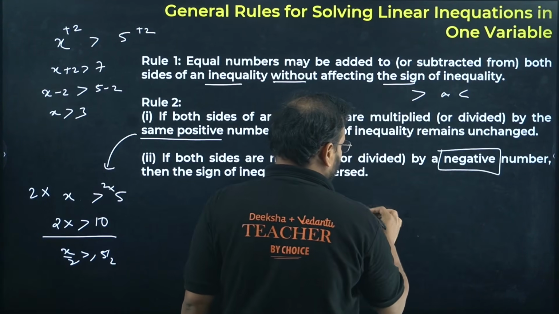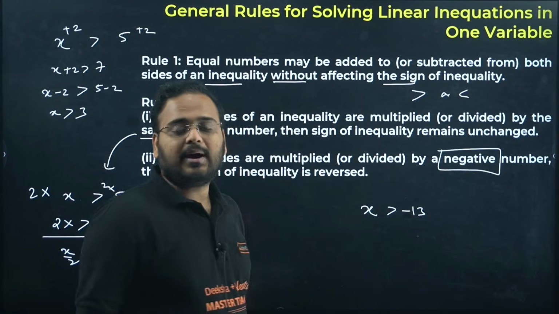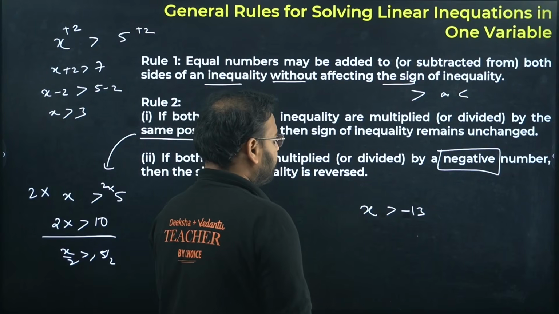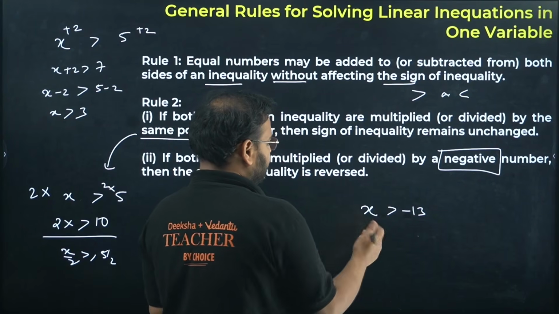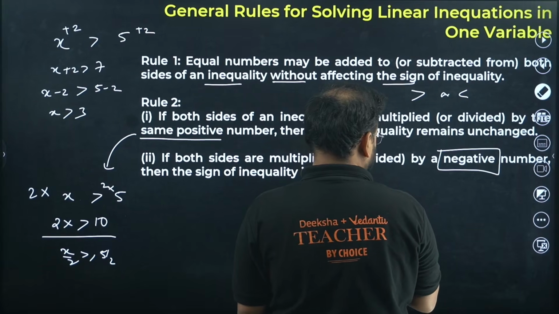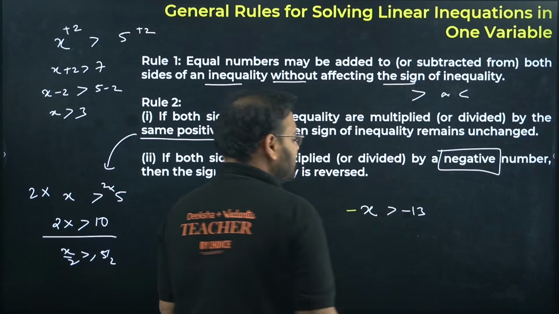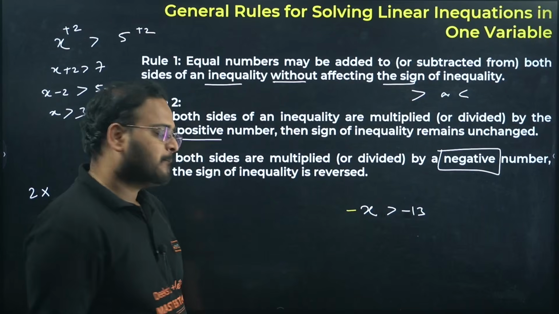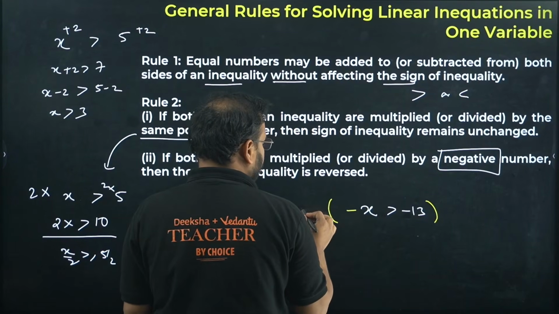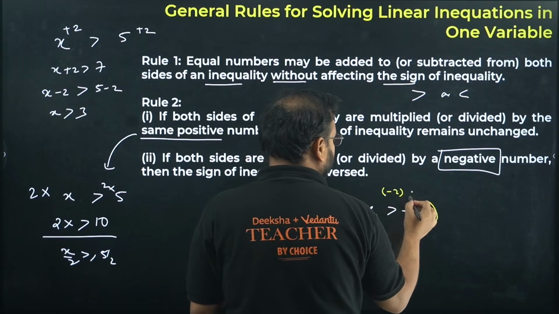Example, if you have x more than minus 13, and you write minus x is more than minus 13, then if you are multiplying with a sign, let's call it minus 2, on both sides, what happens?